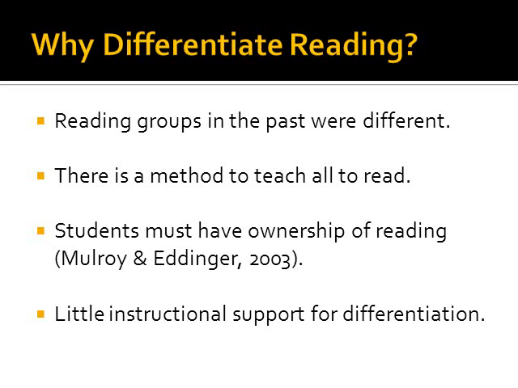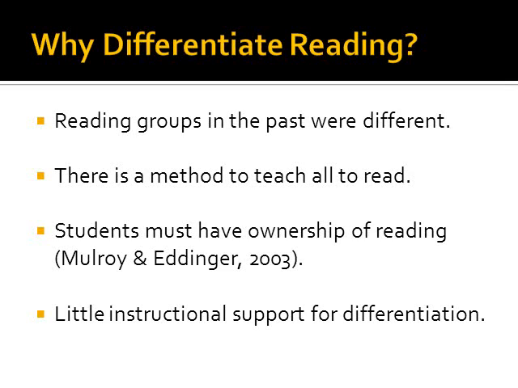So why do we differentiate in reading? Reading groups in the past were different. Most reading groups, you had color groups, animal groups, number groups, and we always knew which group was the low group. But this has changed with differentiation.